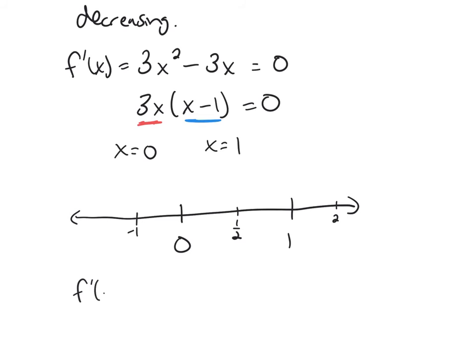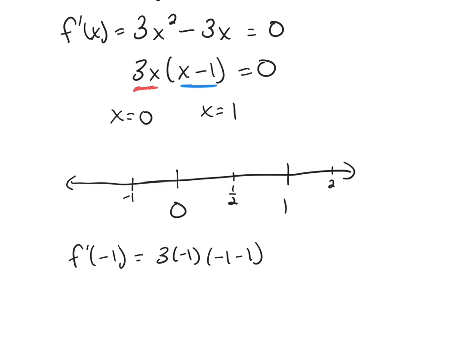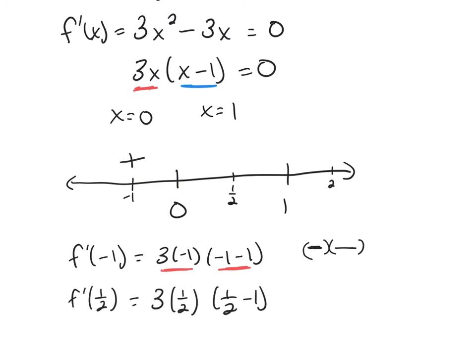So let's start by plugging in -1. 3 times -1, -1 minus 1. And really you don't need to know the exact number. You just need to figure out, is it positive or negative? So if I look here, that's going to give me a negative, and then here, this will be a negative. A negative times a negative would be positive. Now plug in 1/2. 3 times 1/2, 1/2 minus 1.